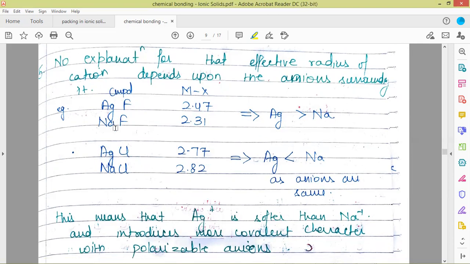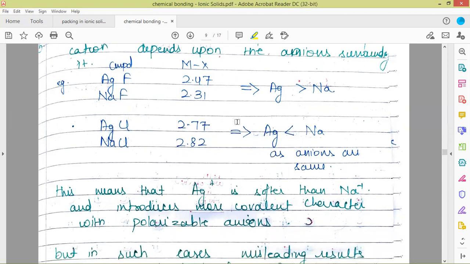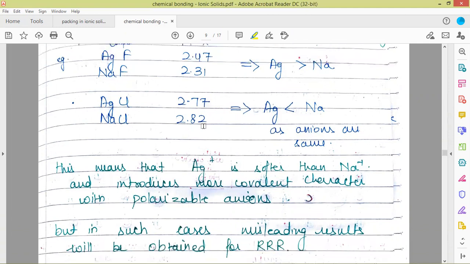This means that silver ion is softer than sodium, which is elastic and compressible in nature. That is why silver has more covalent character, and with polarizable anions, it gives a different size in comparison to that of sodium.